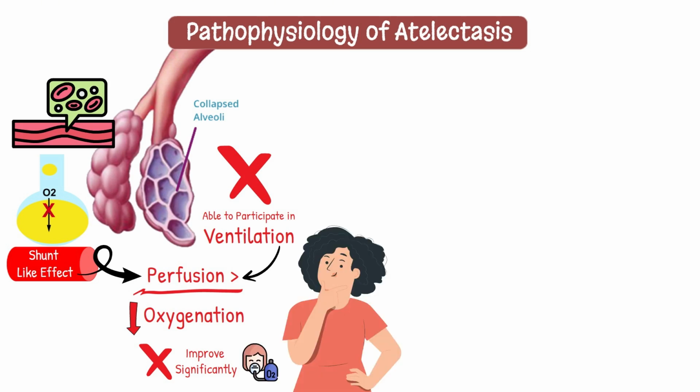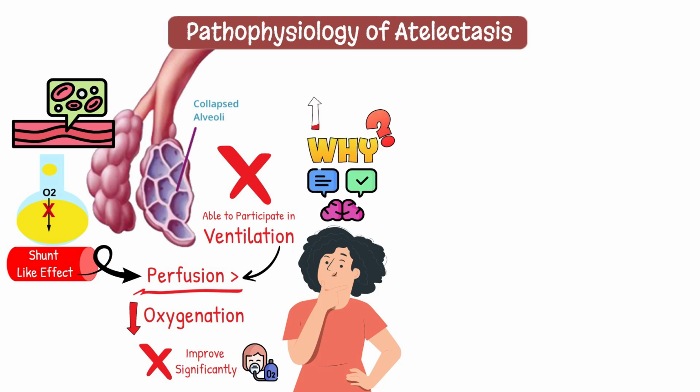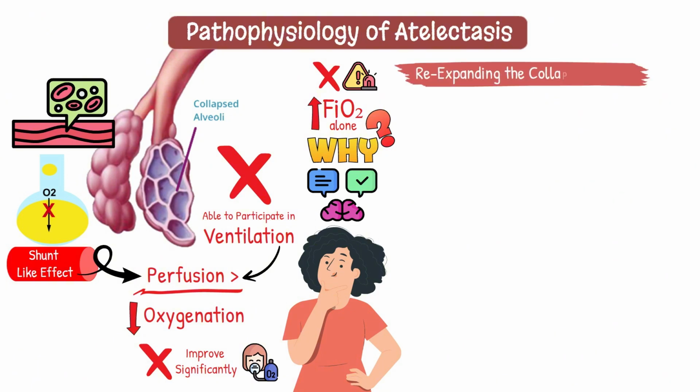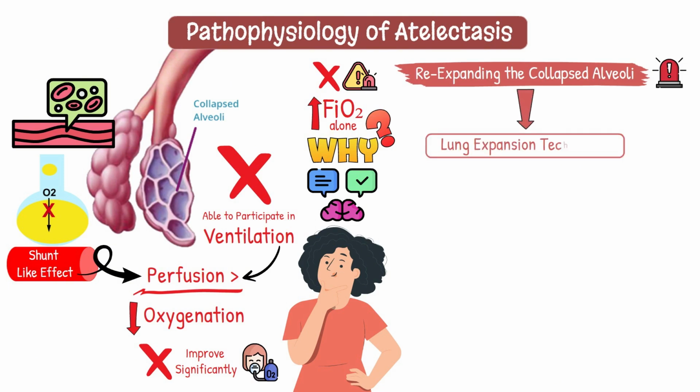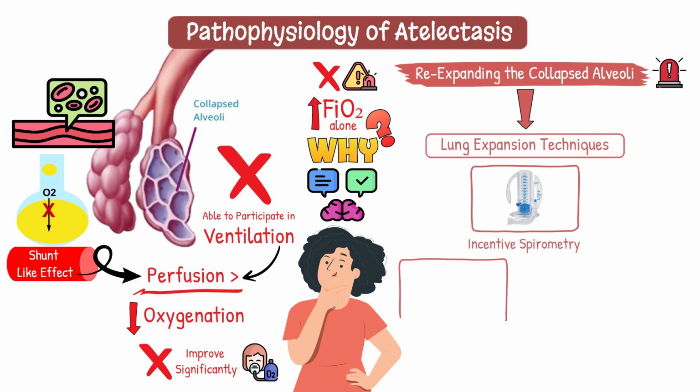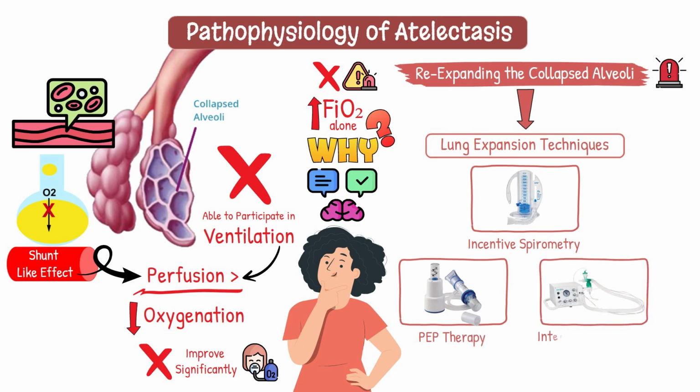Recognizing this concept helps you understand why increasing the FiO₂ alone won't fix the problem. Instead, re-expanding the collapsed alveoli is essential, often through lung expansion techniques such as incentive spirometry, PEP therapy, or intermittent positive pressure breathing, depending on the clinical scenario.